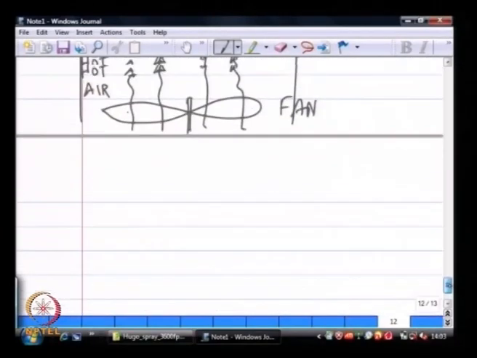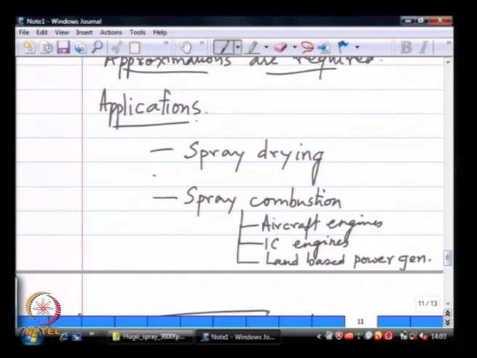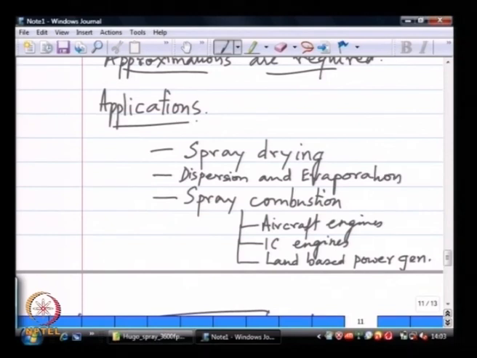Another application is in simple evaporation, dispersion and evaporation. This is where my perfume spray comes in, right. I want to just disperse the perfume and I want to evaporate it, that is how I deodorize a space.